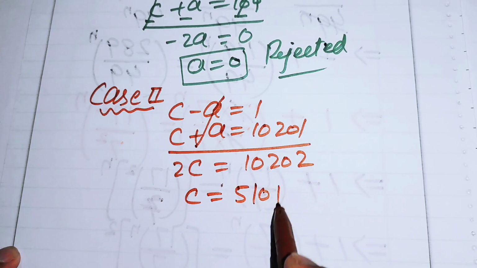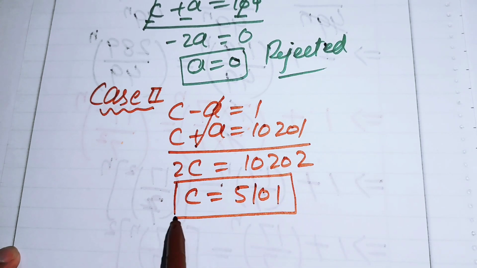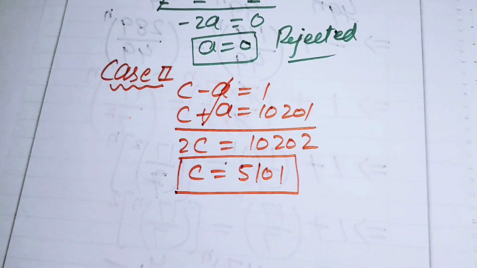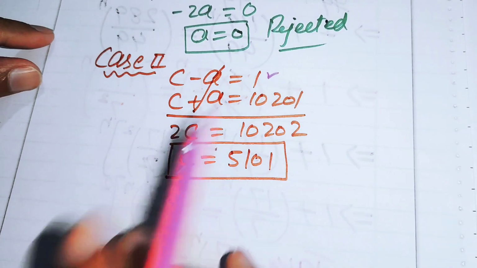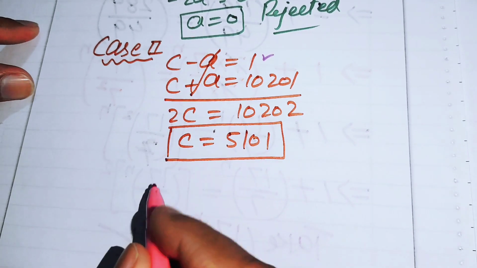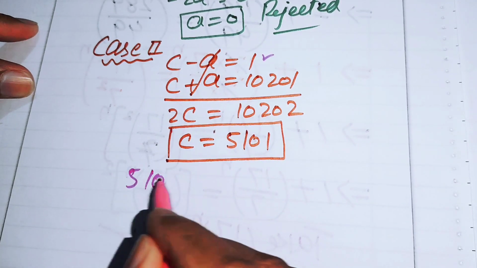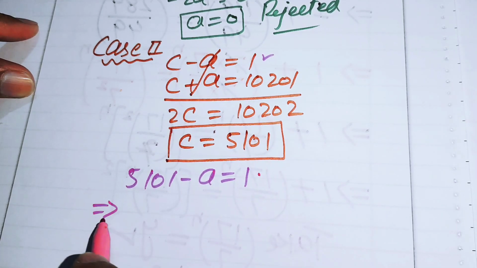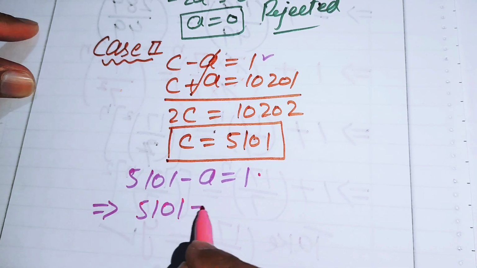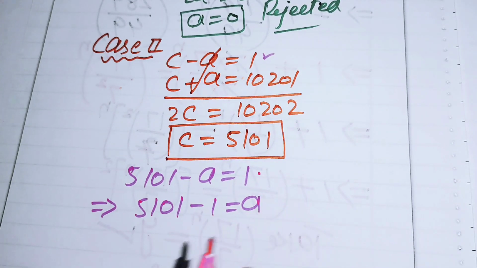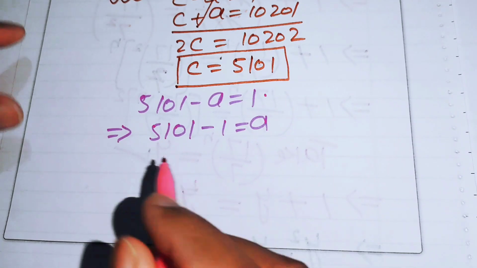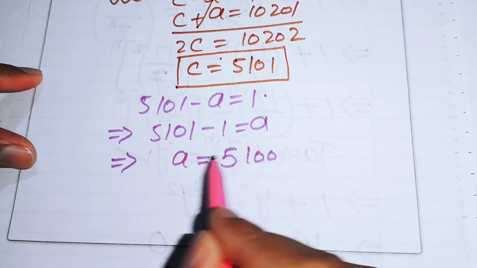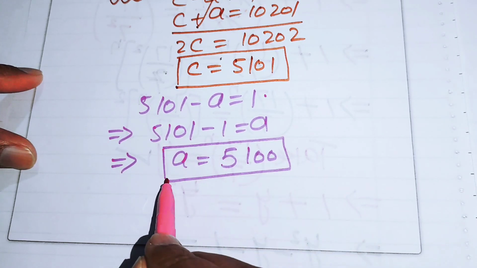you get the value of c is 5,101. Now we can put the value of c in the other equation and easily get the value of a. So we have 5,101 minus a equals 1, which implies 5,101 minus 1 equals a, so the value of a is 5,100.